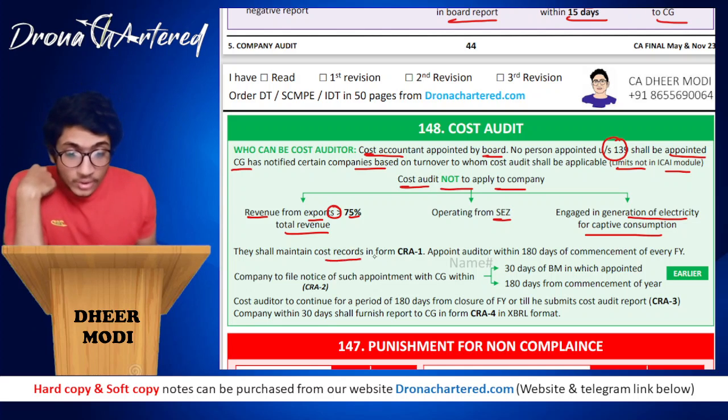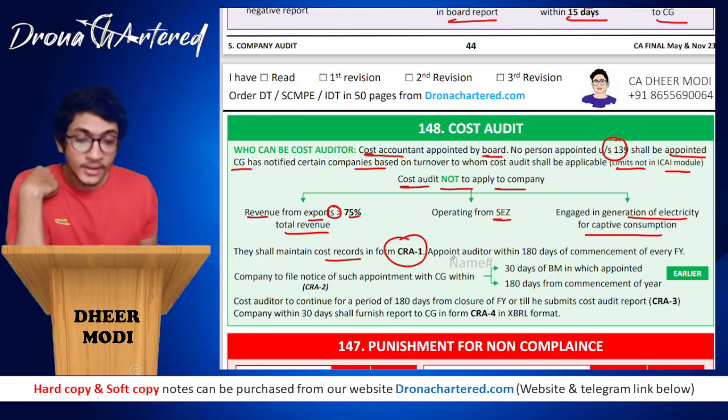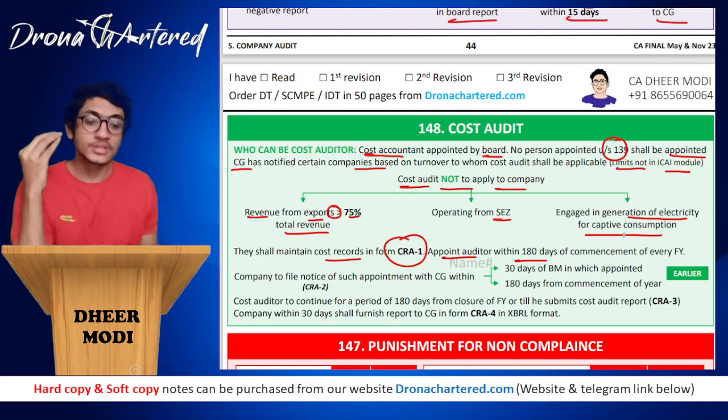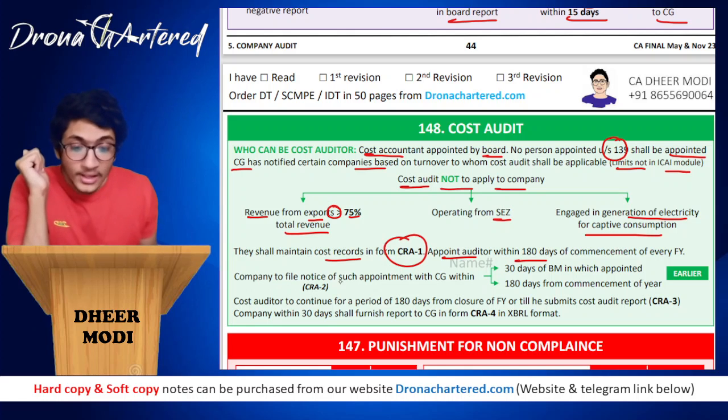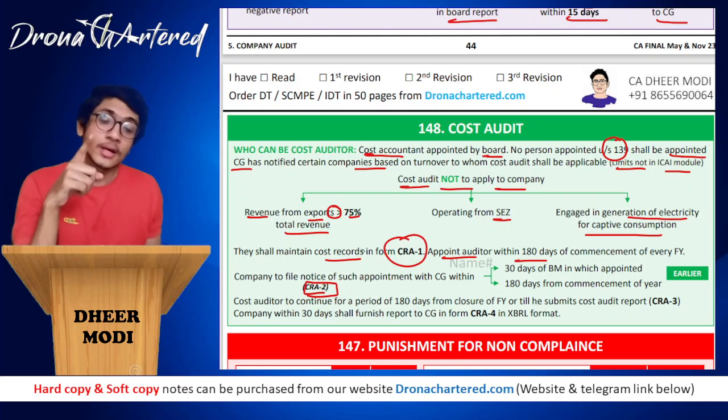They shall maintain cost records in form CRA 1. Appoint auditor within 180 days of commencement of every financial year. The company is to file notice of such appointment with CG in form CRA 2. So first they have to maintain records in CRA 1.